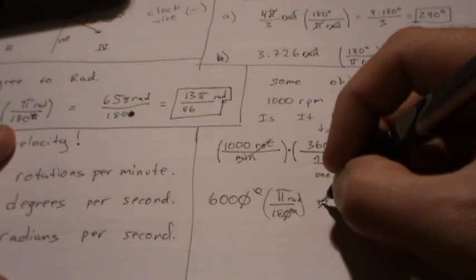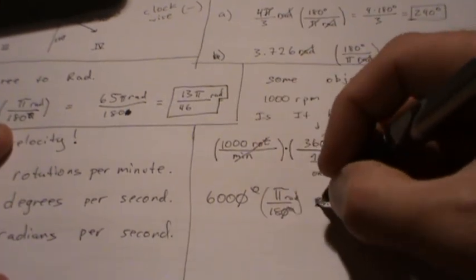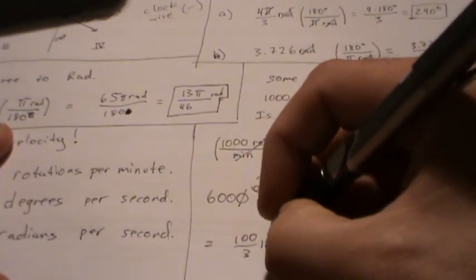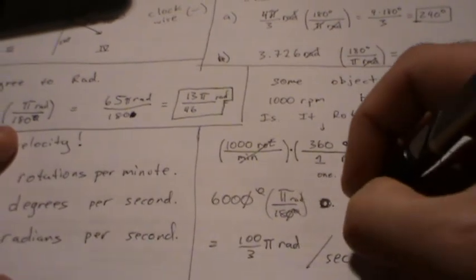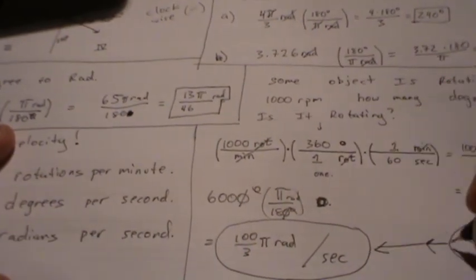Let's see. That'd be 100 over 3. We'll just go with this is going to equal 100 over 3 pi radians, and that would be per second as well. Okay, check the math on that.